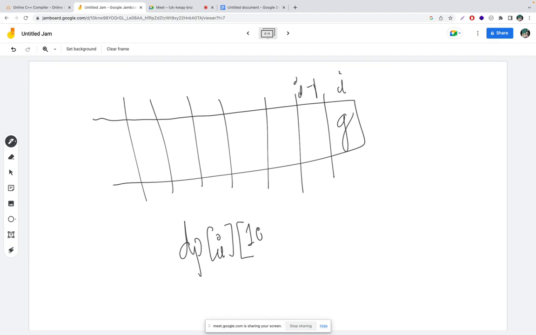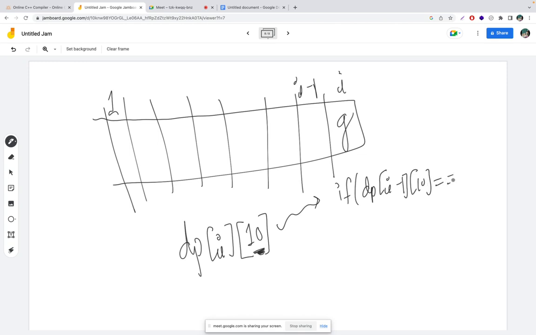What are they asking us? So they are asking us, is it possible that if the size of the array is I and the sum is 10? So what you can do is you can ask the first question. If, tell me, if DP of I minus 1 of 10 is true, what is it? True or yes, whatever. Then the answer will be what? Yes. What will be the answer?